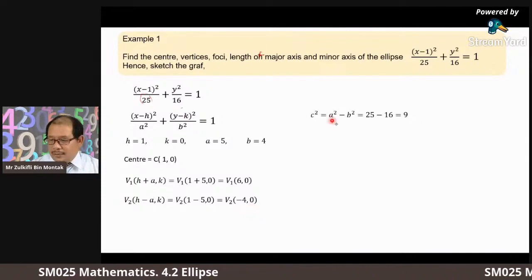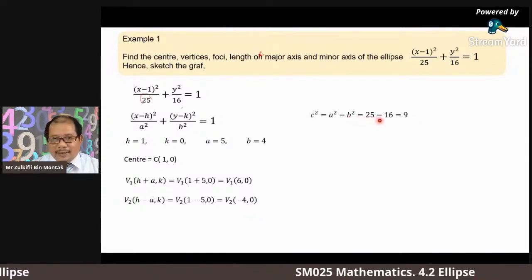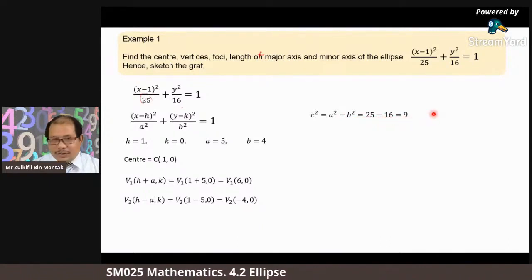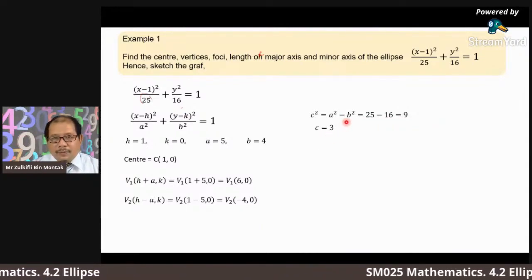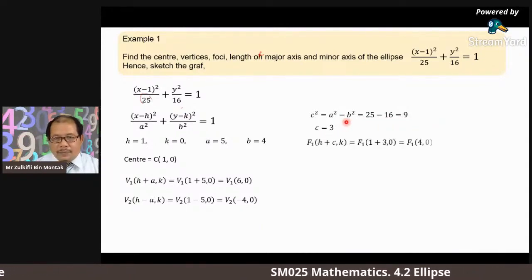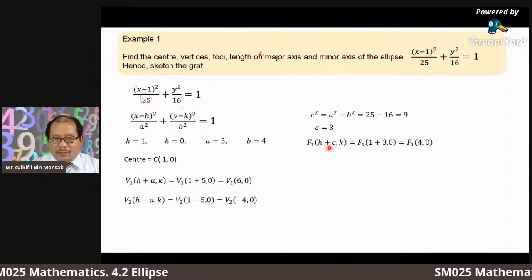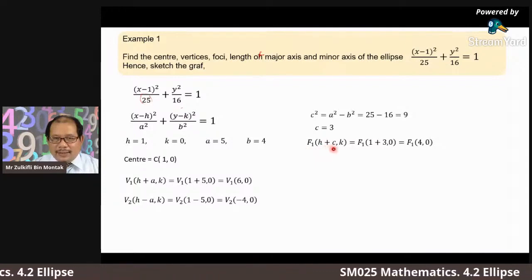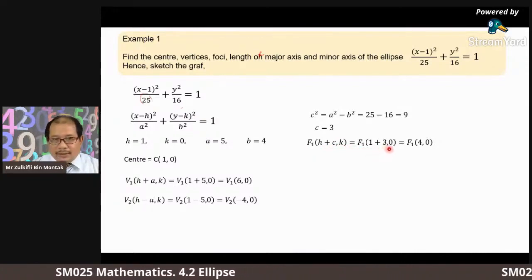C squared equals A squared minus B squared, which is 25 minus 16 equals 9. Therefore C equals 3. From here we can determine the foci. The formula for the focus is (H plus C, K), with H equal to 1 and C equal to 3, so (1 plus 3, 0).